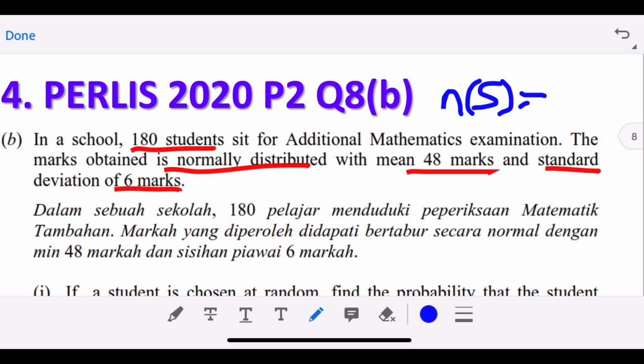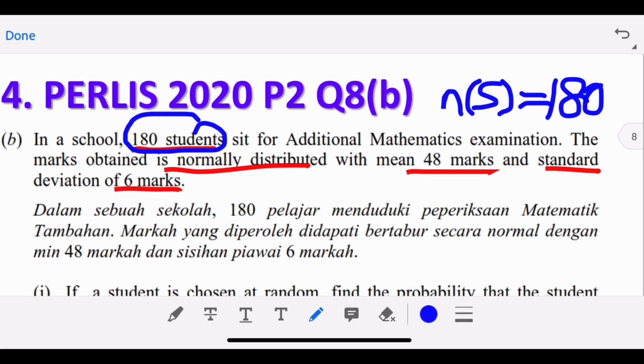So bear in mind that the sample space is 180. The question will tell you everything. They will give you the 180 students as the sample space, and they will give you the mean and the standard deviation.